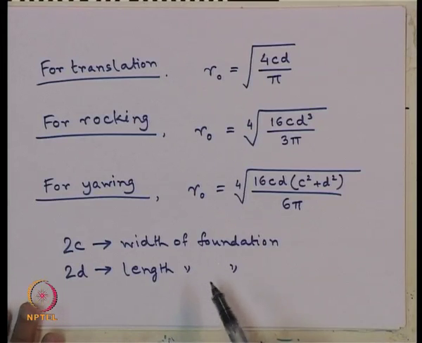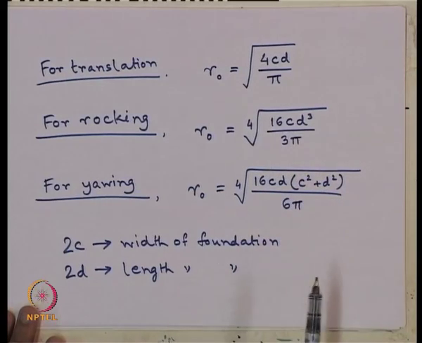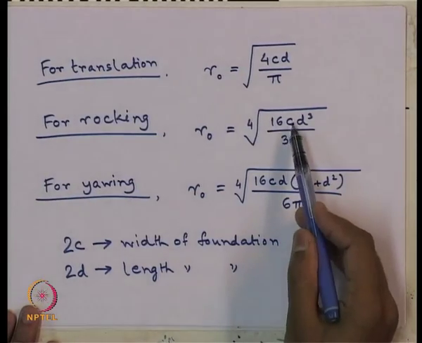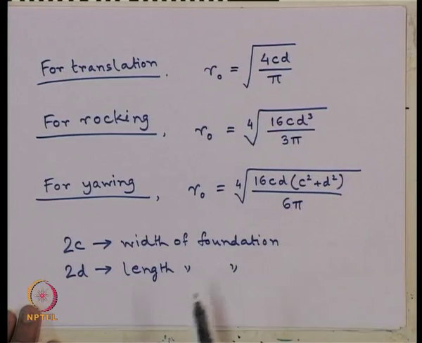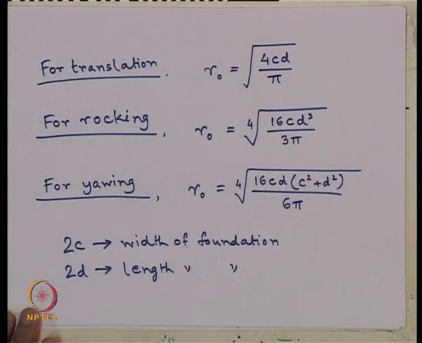So, when it is pitching, what will happen? C and D will interchange. In that case, it will be C cube D. Okay? So, these are the expressions which can be used to obtain from rectangular footing dimensions to equivalent radius of footings required to be considered for design.